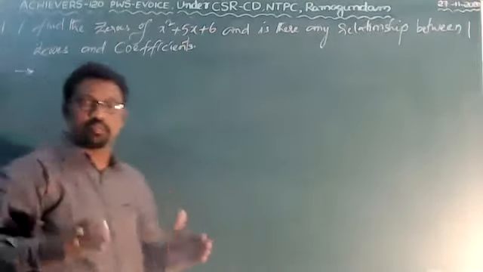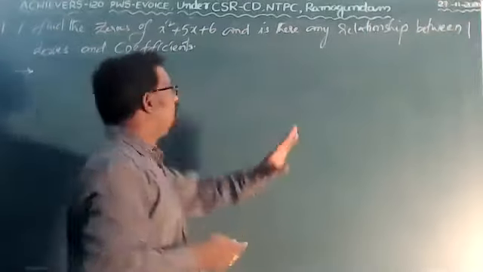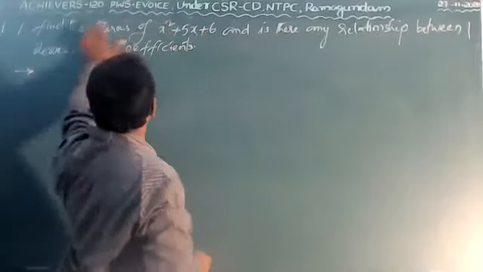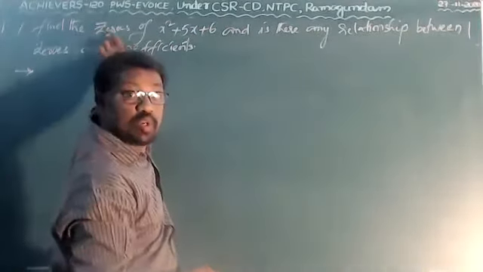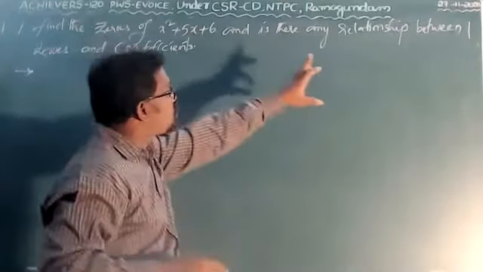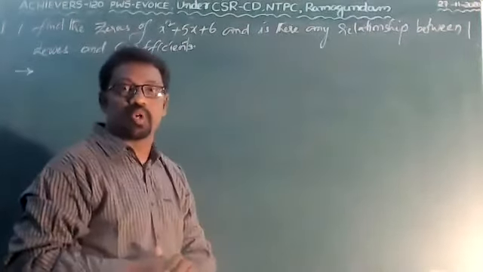First we have to find out the zeros. Then we have to show the relationship between zeros and coefficients.